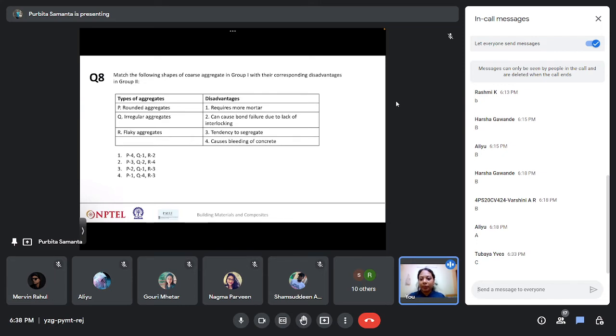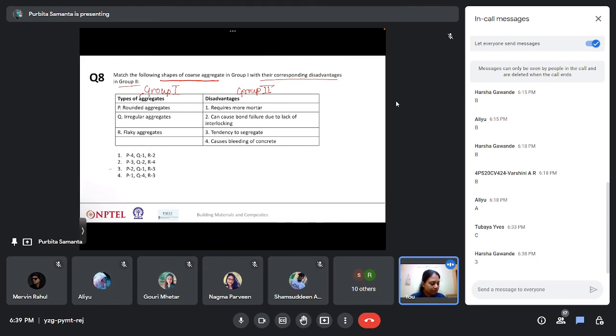Okay, now coming to our eighth question, which says that match the following shapes of coarse aggregate in group 1. This is group 1 with their corresponding disadvantages in group 2, and this is group 2. Yeah, Harsha says 3.